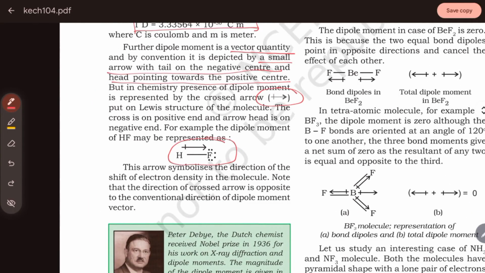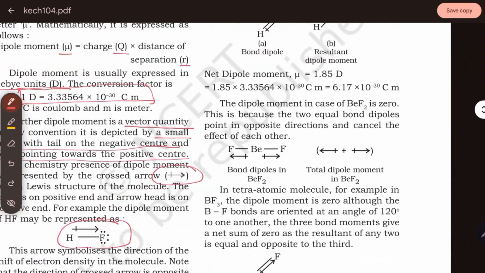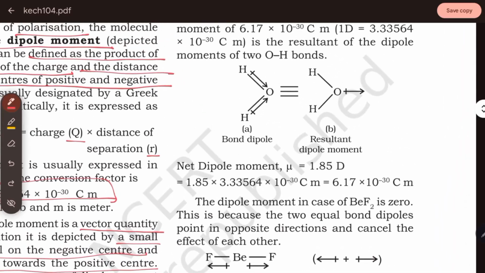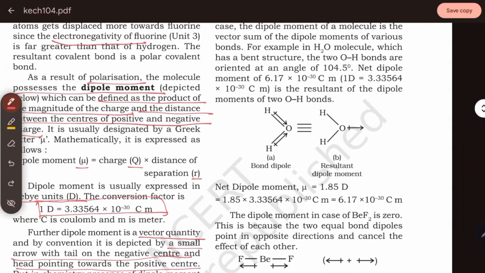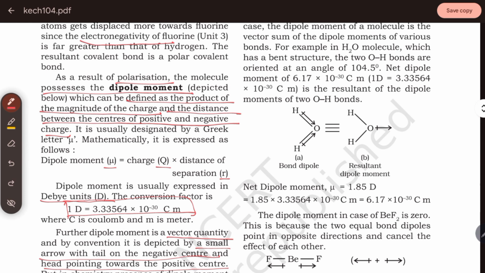Now, if I have more than one bond in the molecule, HF was having one bond, suppose I have H2O. In the case of H2O, it has a bent structure. The two OH bonds are oriented at an angle of 104.5 degrees. The net dipole is something like this.